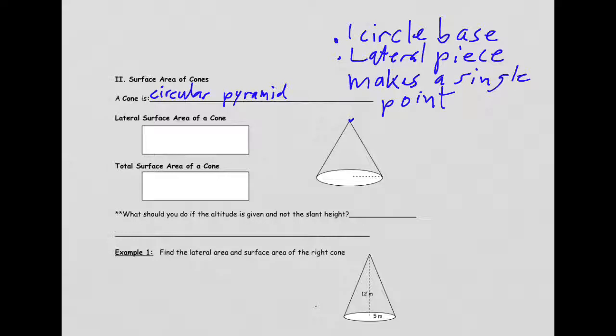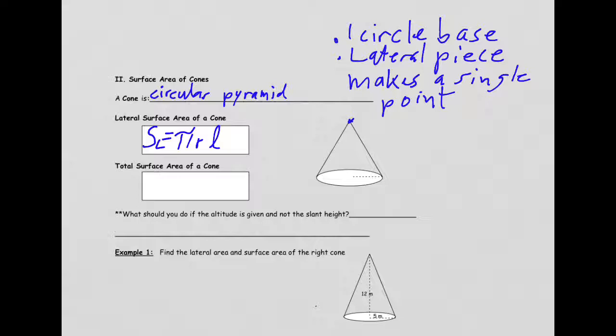That means at this point right here. The lateral surface area of a cone is just S, the surface area lateral, is pi times the radius times the slant height.